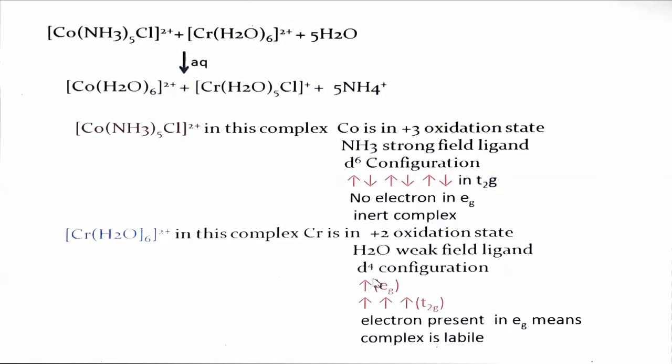Since an electron is present in eg, the nature of the complex will be labile. So the first condition is fulfilled: at least one complex should be labile, and this complex is labile. The second condition is the presence of at least one bridging ligand. Here Cl is acting as the bridging ligand. Now we will see the mechanism of this reaction.